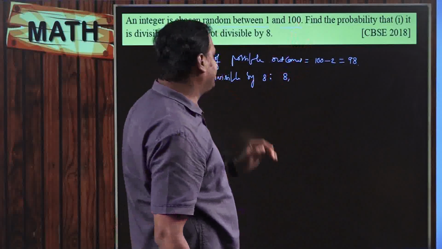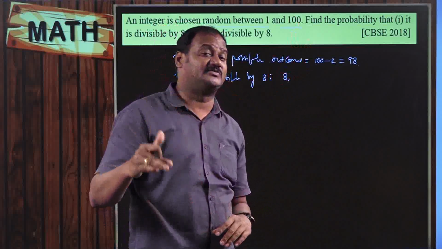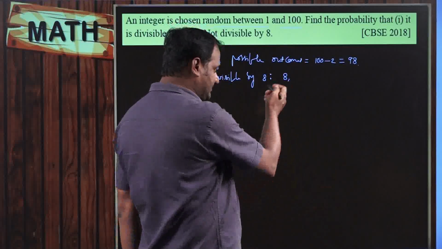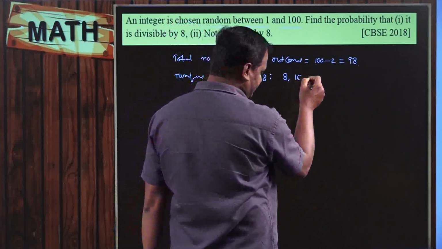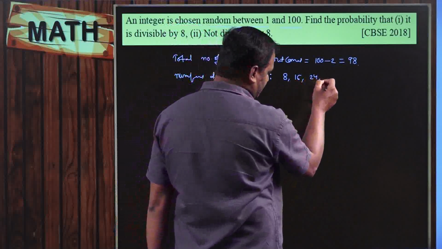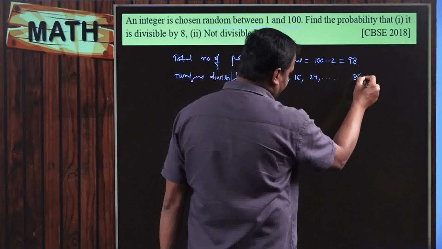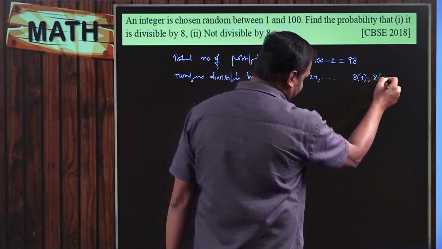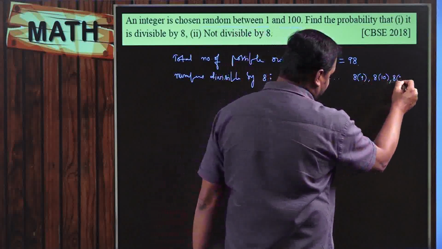Now, if you want the numbers divisible by 8, you simply take the multiples of 8. 8 ones are 8, 8 twos are 16, 8 threes are 24, and so on. 8 nines are 72, 8 tens are 80, 8 elevens are 88.